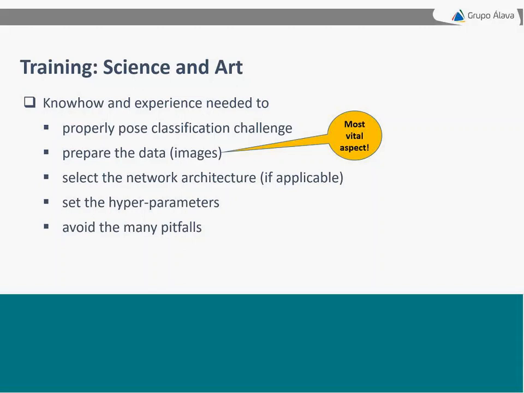The next step is to select the network architecture, if applicable. Now, there are a lot of architectures that have been created, and most times we have the choice of which network we want to use.